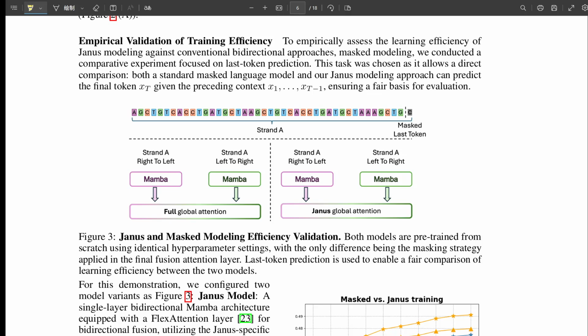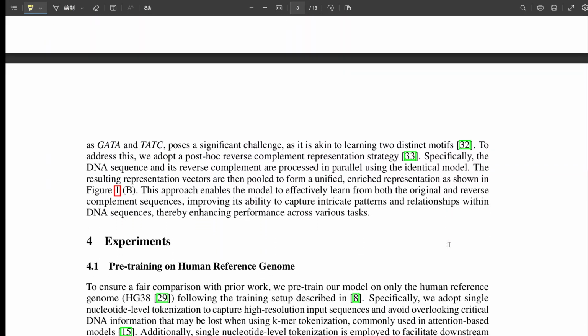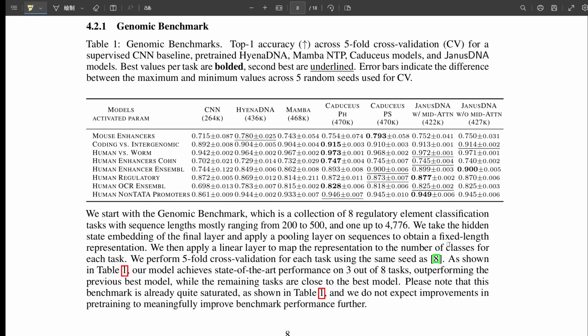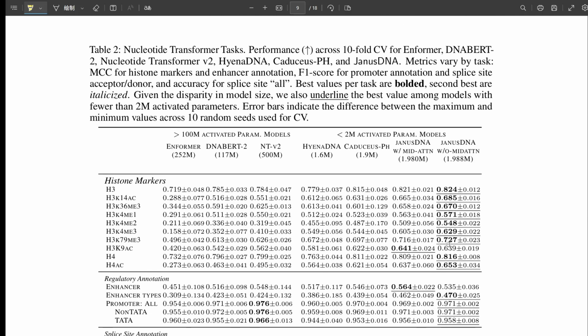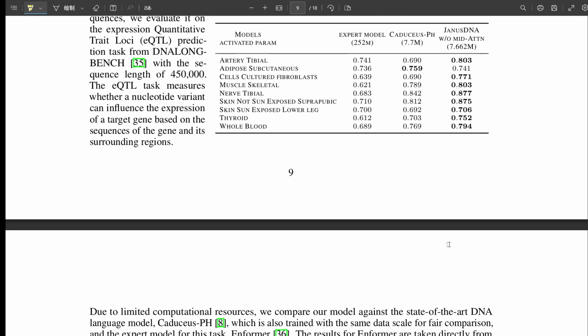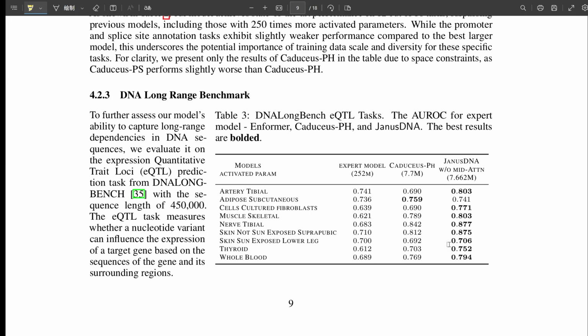It's quite direct. As shown in Figure 1b of the source notes, it takes the input DNA sequence, calculates its reverse complement sequence, and then processes both the forward and reverse complement strands independently and in parallel using the identical model. So it runs the model twice, once on the original, once on the reverse complement. Essentially, yes, in parallel.